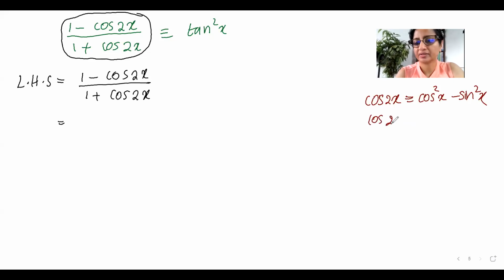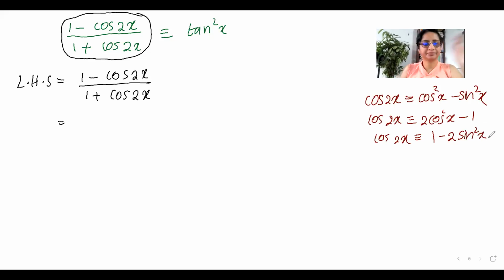Also, you have 2 cos squared x minus 1. And the third one is 1 minus 2 sin squared x. Which one shall we use? How do we know which one? Is it random? Do we randomly choose one? Because now, what is in our head?